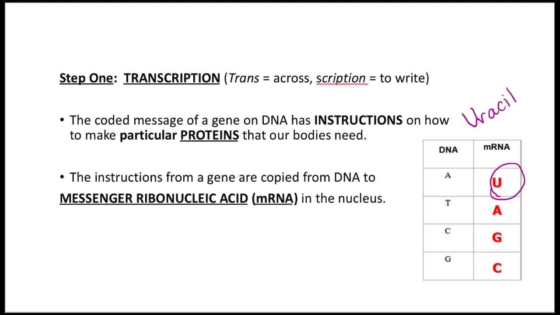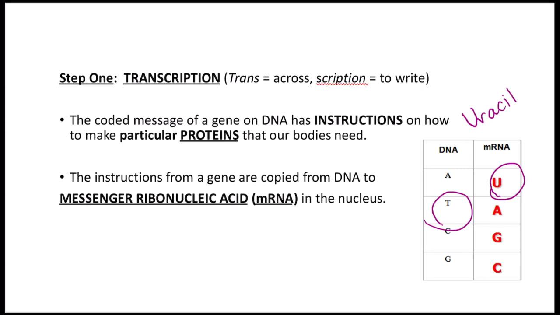So the mRNA code then that pairs with that DNA is UAGC. So there is a T in DNA and a U in RNA, which I just circled. Uracil is what pairs with the adenine in DNA, but adenine still pairs with thymine in DNA.